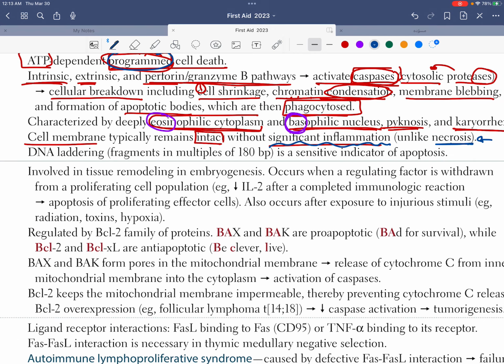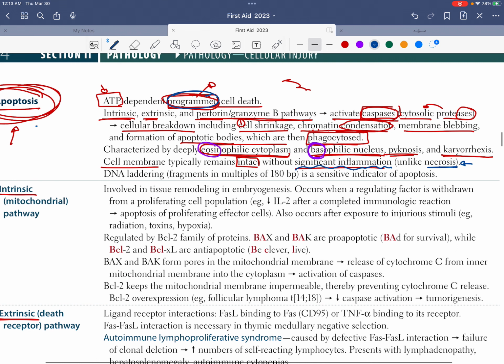One of the other things that we can see in apoptosis is DNA laddering, that's fragments in multiples of 180 base pairs. DNA laddering is cutting the DNA in a way that we can see pieces of 180, two pieces of 180s, three pieces of 180s.